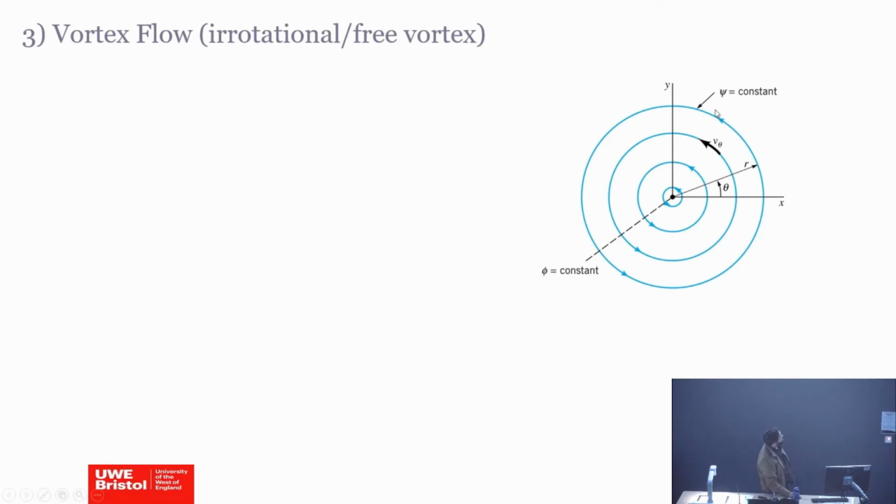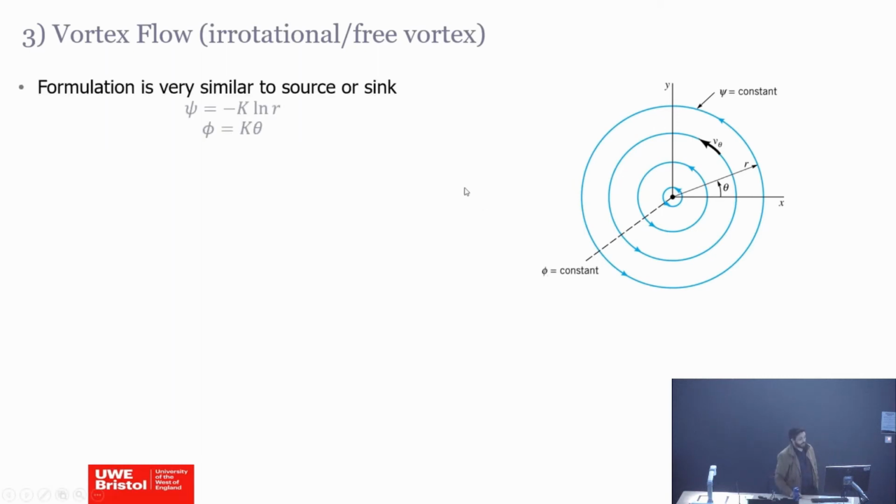Remember, streamlines are lines of constant psi. And if you draw lines perpendicular to these circular lines, that will give you the phi, because they're always 90 degrees. And of course, in this case, it just turns out that the lines of constant phi are just in the radial direction.